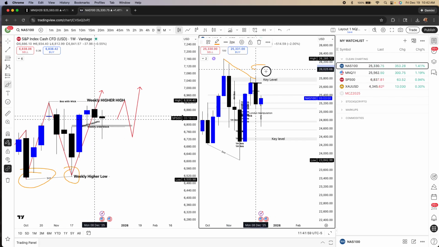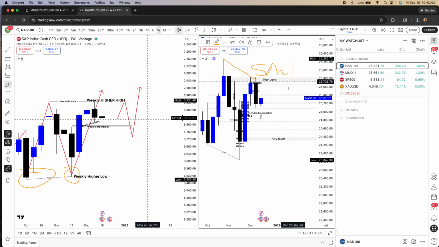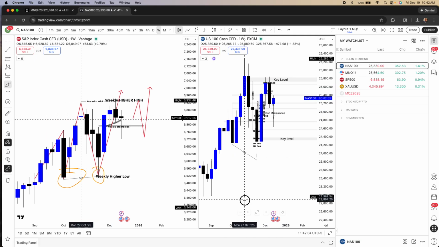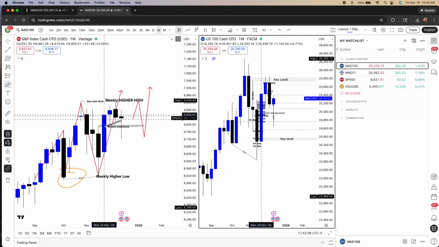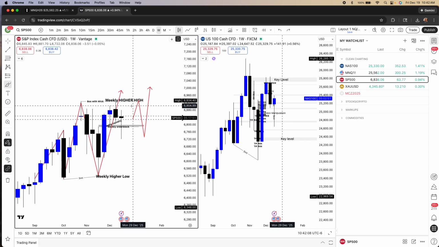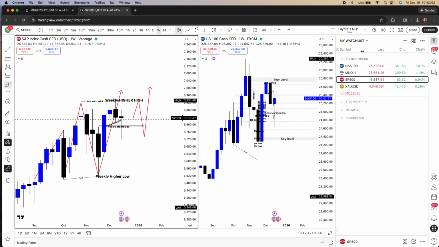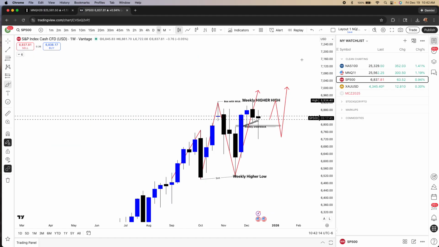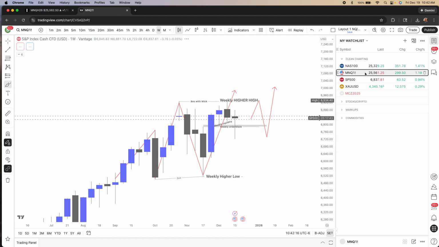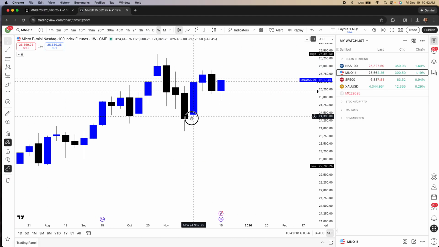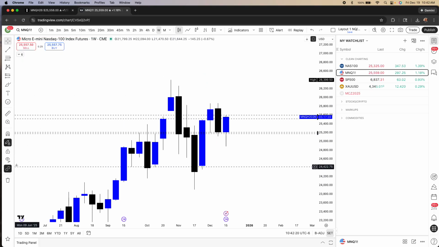So now that gives us a SMT, I believe, at the highs. So now there's a higher time frame SMT up here, but the overall trend is bullish. So I wouldn't be surprised if this SMT for the bearish side does not hold. Now going back to the NASDAQ, let's start right here.